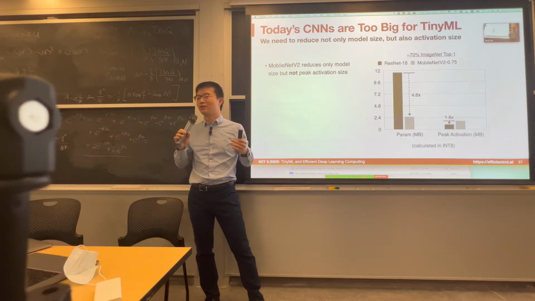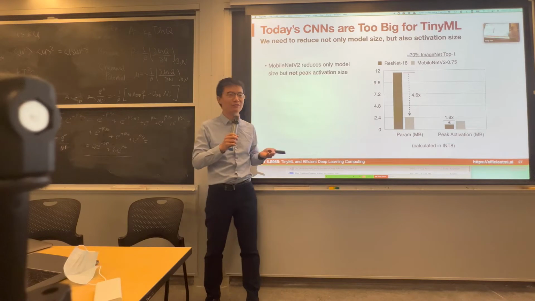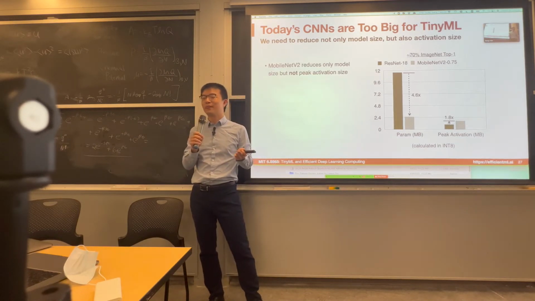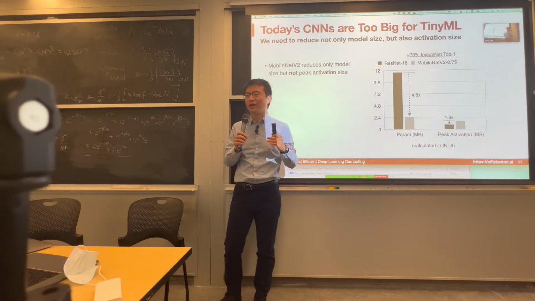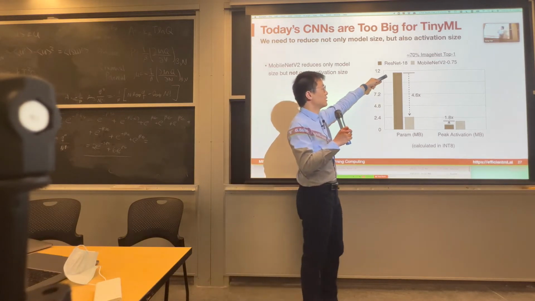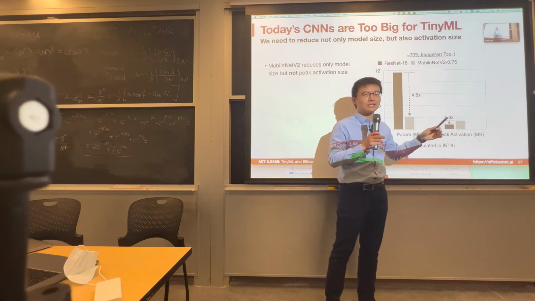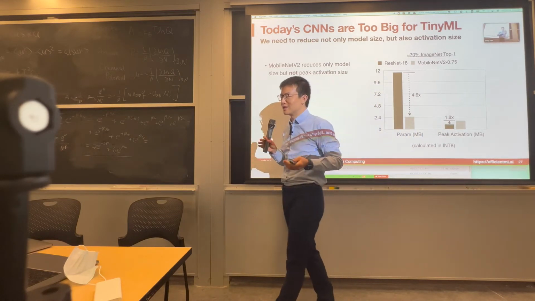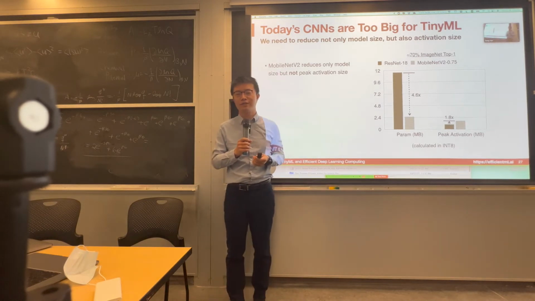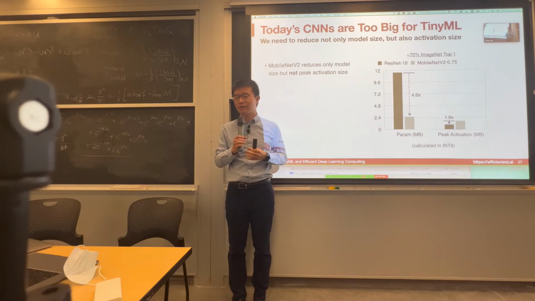So the activation also grows a lot, although that saves the number of weights because it's a depthwise convolution. The number of parameters is no longer 3x3 by input channel by output channel, but 3x3 by output channel, right? That saves the weights, but the 6x expansion ratio greatly increased the activation size. So that's the limitation for this MobileNet with respect to the size of activation.